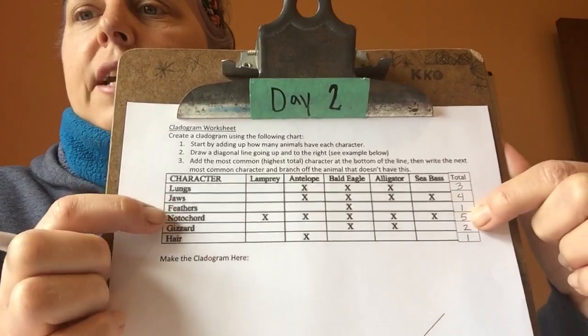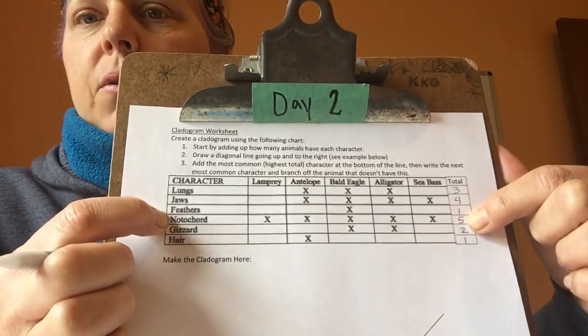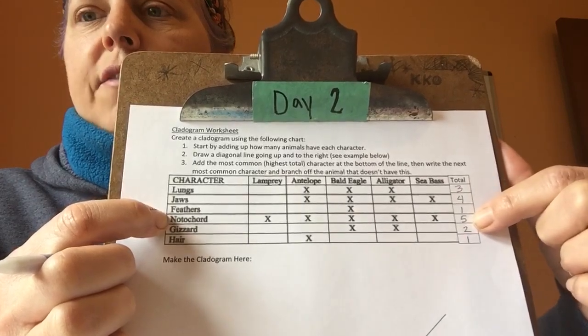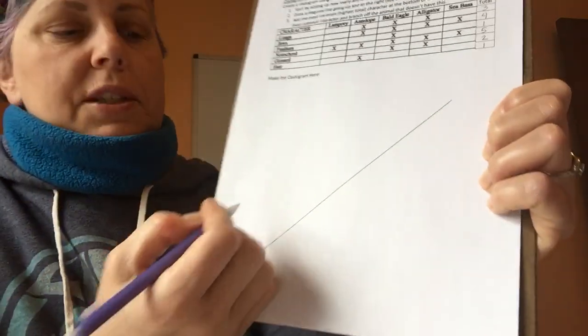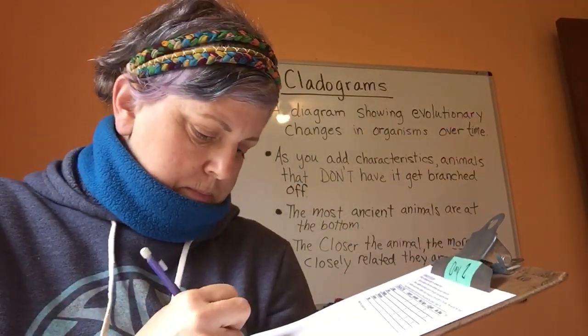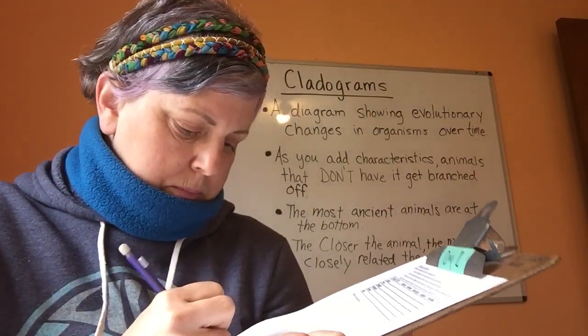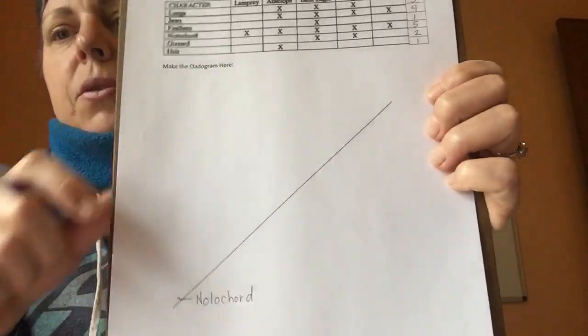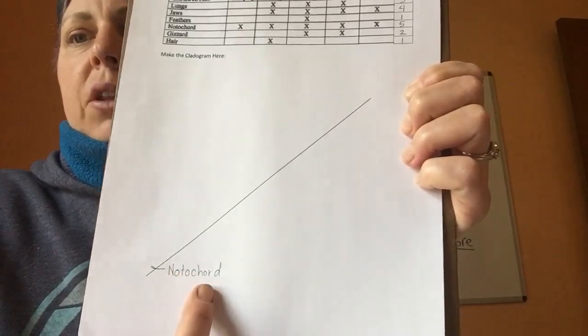A notochord is like a spinal cord. So 5 animals on this chart have a notochord. How we do this is we write that at the bottom. Notochord.